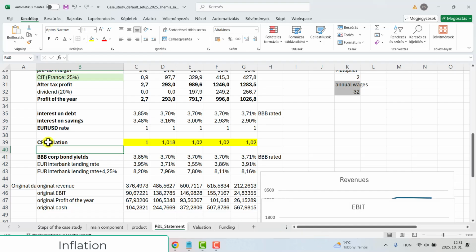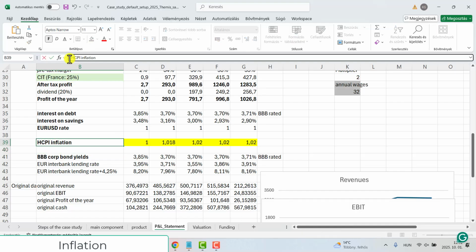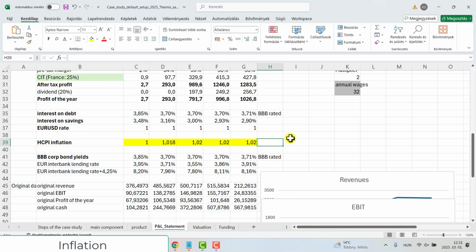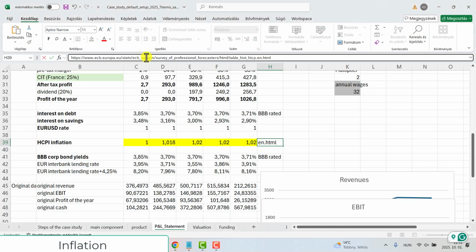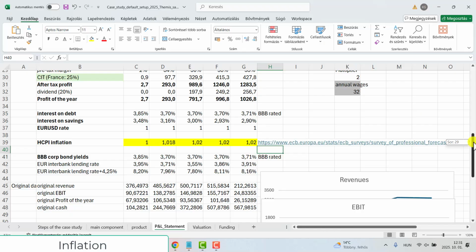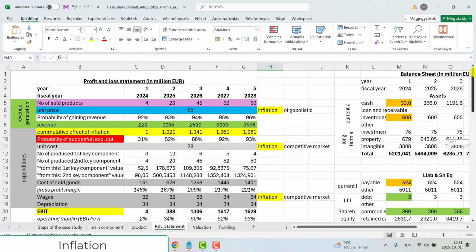We can say that, sorry, harmonized consumer price index. And it's coming from the ECB's website, so I'm also adding the link to their page, and then we should check that.